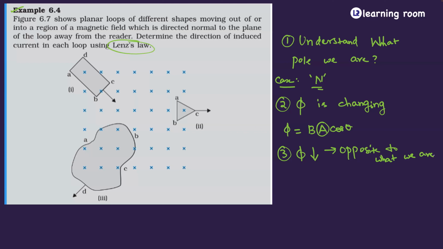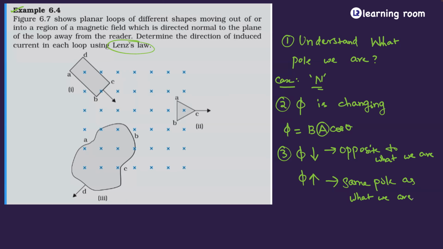I am the north pole in this example. So if the flux is decreasing in that coil, then the opposite pole should get generated, meaning south pole. Whereas if the flux is increasing, the same pole as what we are will get induced.